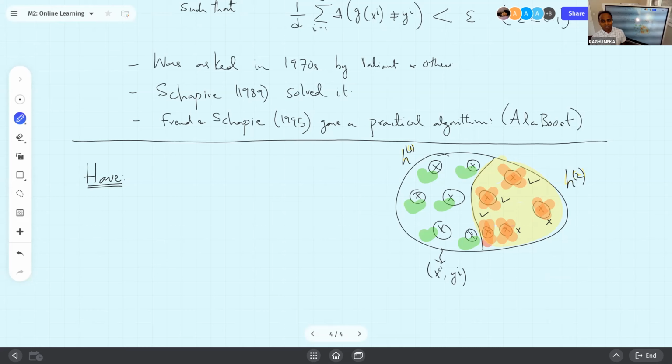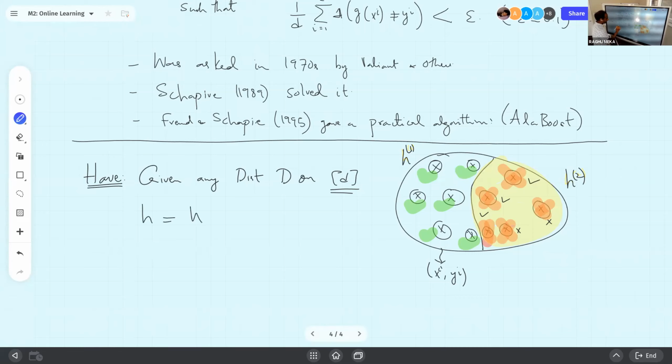But it's not clear how to combine it. All right. So what's our assumption? Our main assumption is that given any distribution D on the samples, I'll think of it as a distribution on 1 through D, just the indices.